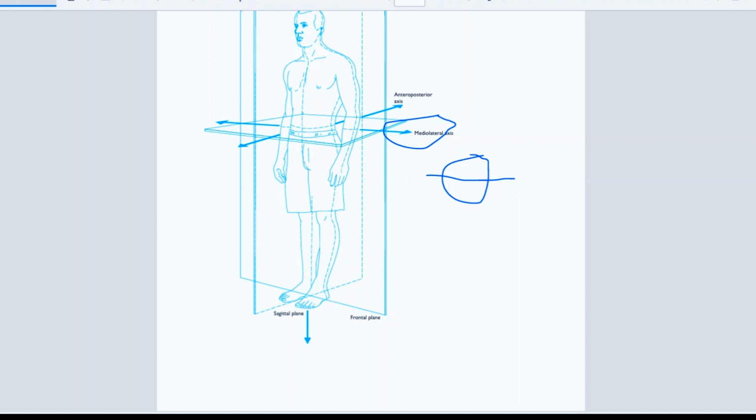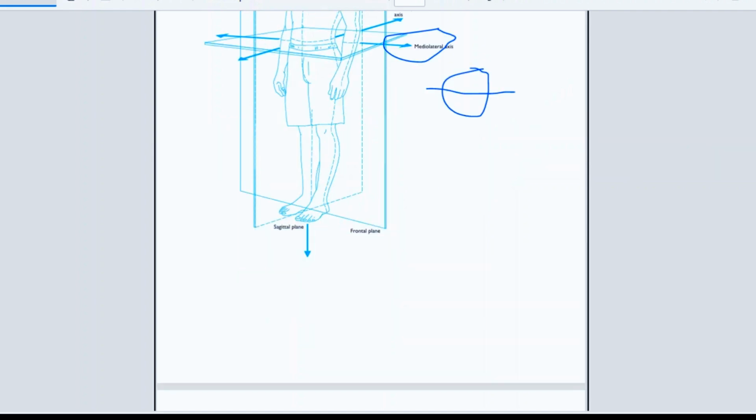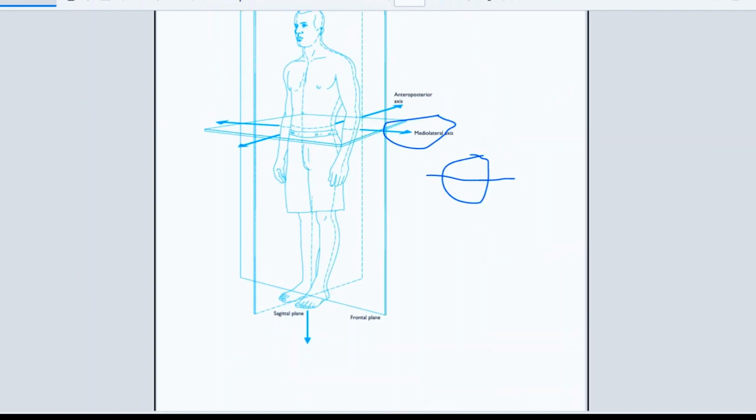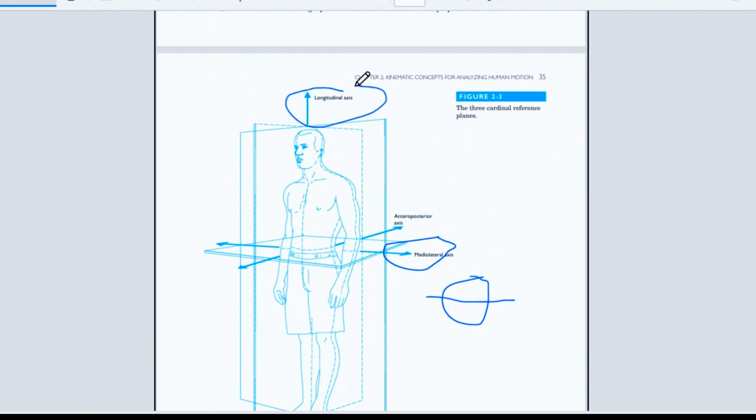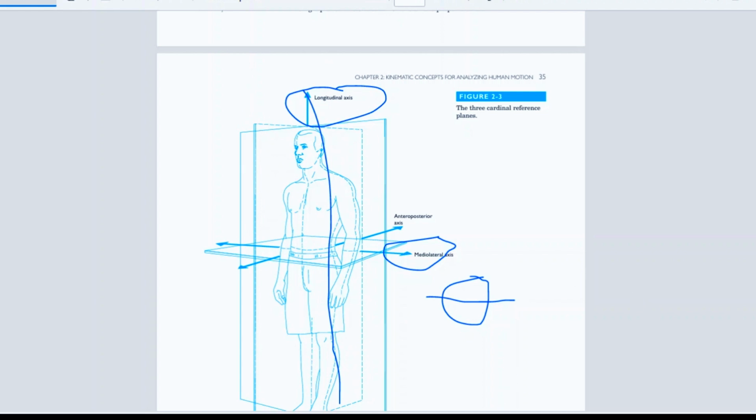You can rotate your head toward one shoulder, and this is an example of the transverse plane, but the axis involved is the longitudinal axis. What is the longitudinal axis? It is the axis that is here, the complete line that crosses perpendicular to the transverse plane.